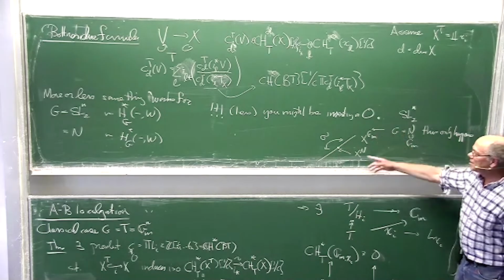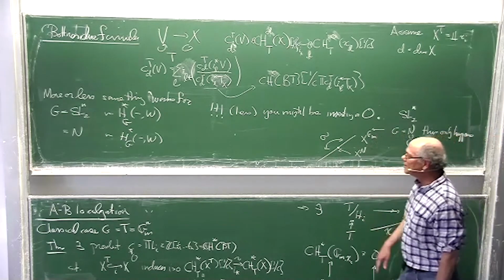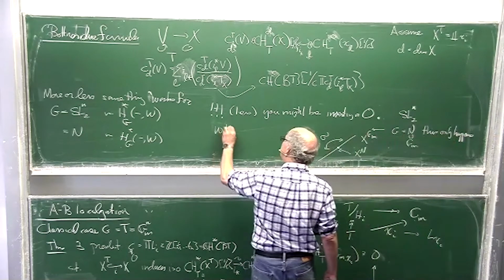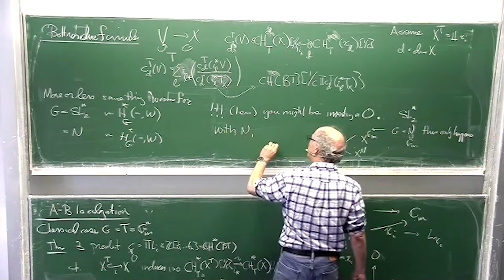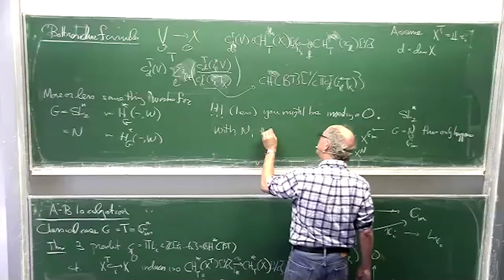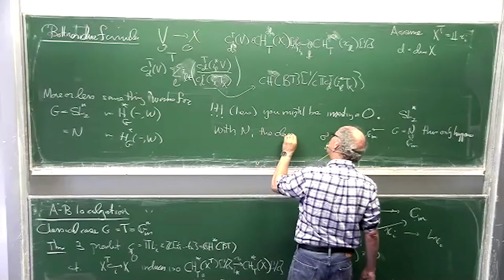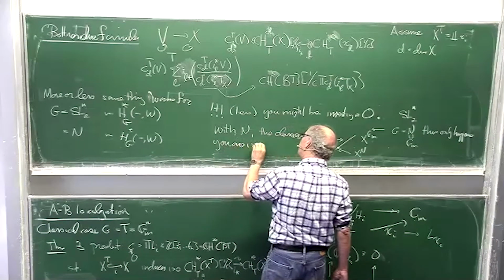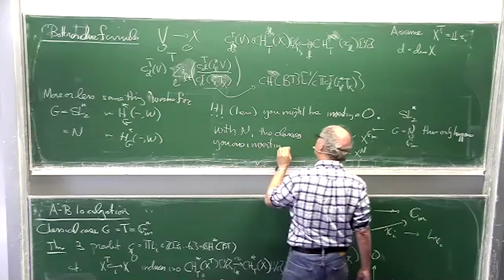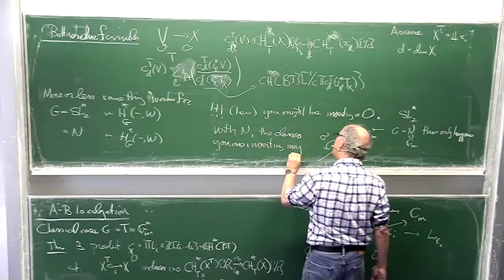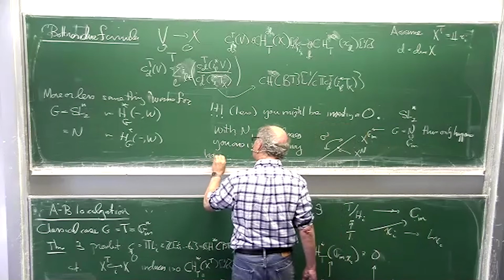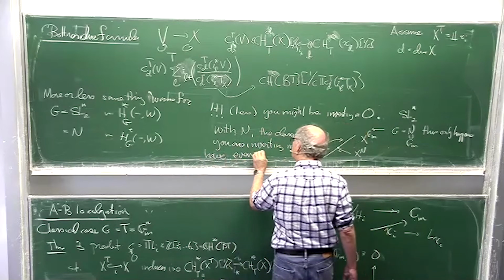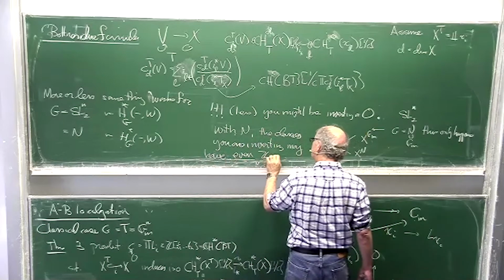Okay, so except for that situation, there's a slightly less serious problem with N. The classes you're inverting, even if they're non-zero, they may have even integer leading coefficients.